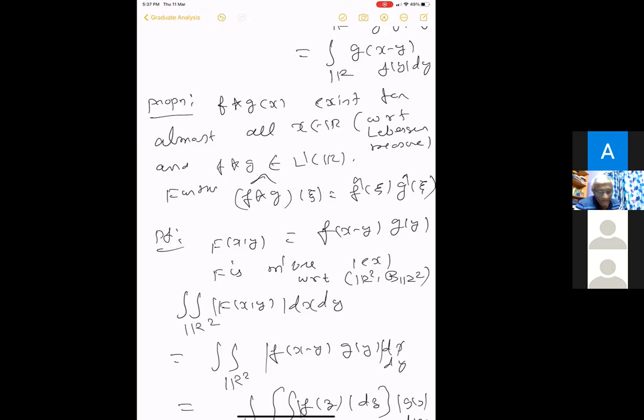I'm thinking that you are using that the Borel sigma algebra of R2 equals the tensor product of two Borel sigma algebras of R. But the question is, when we say f is in L1 of R, f is Borel measurable. Are you asking Borel measurable or Lebesgue measurable? Borel measurable is enough. If you have two Borel measurable functions, then the product is Borel measurable in the two variables. That is correct.